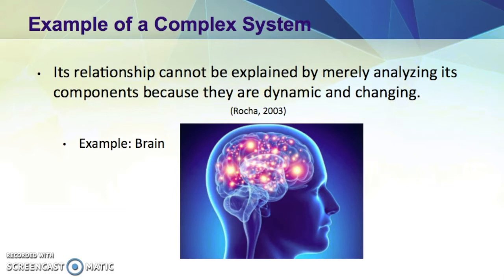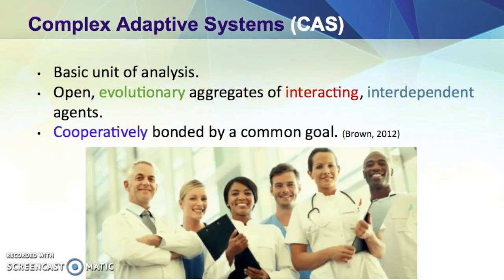But now let's go towards what we want to discuss: healthcare organizations and other types of complex systems. Complex adaptive systems, CAS, is a very important element in both complexity science and complexity leadership theory.